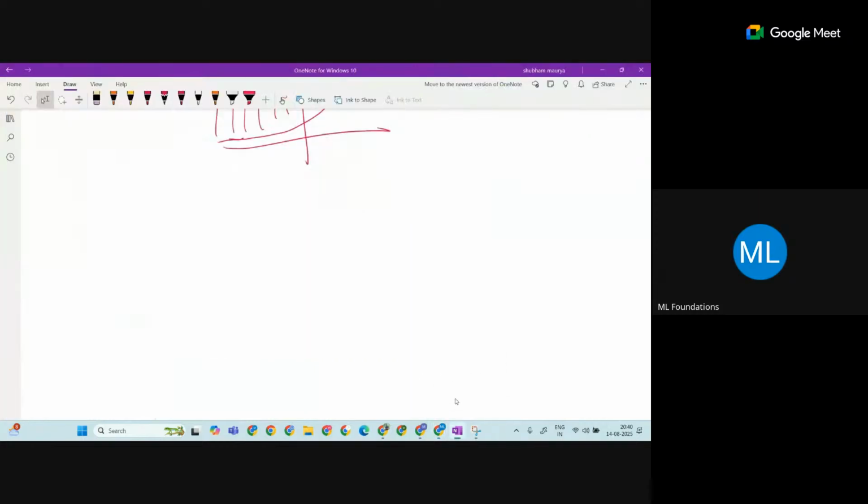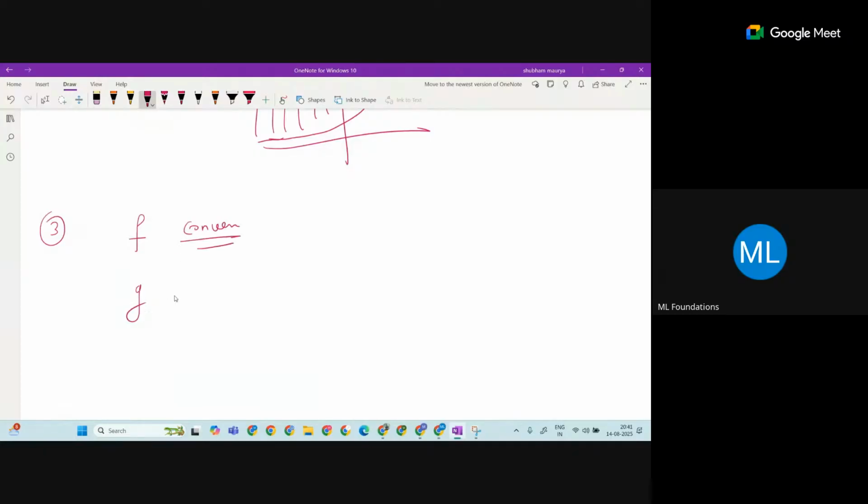It means that I have a function f which is convex, I have another function g which is linear, and now I am taking the composition. This is convex. So the composition is going to be convex.